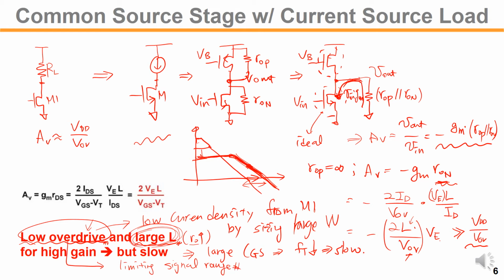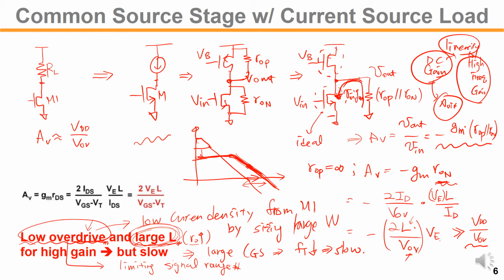So all these factors: linearity, DC gain, and the high frequency gain, are mingled, and there are trade-offs. Also there's the noise issue.